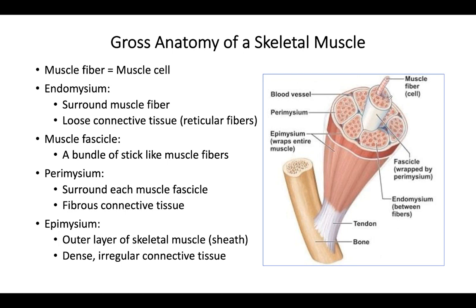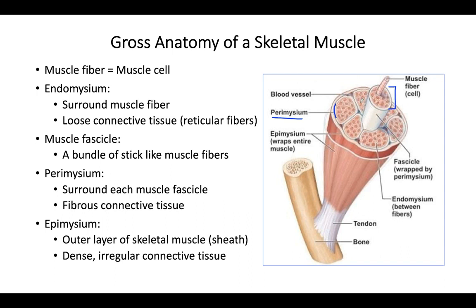This fascicle is surrounded by fibrous connective tissue that we call perimysium. So these indicate a fascicle, and the outer layer of this fascicle is surrounded by perimysium. Can you see this outline? This is perimysium.